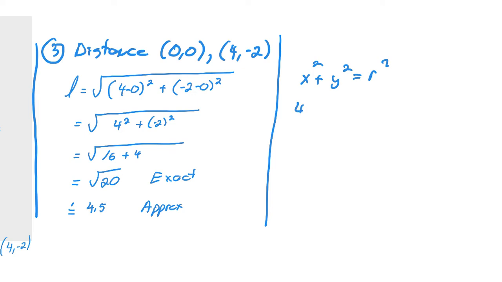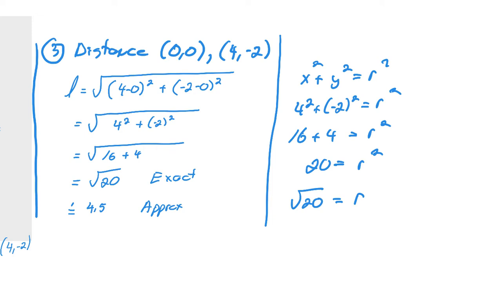So then it would be 4 squared plus -2 squared equals r squared. 16 plus 4 equals r squared. 20 equals r squared. The actual radius or the distance in this case would be the square root of 20, and the approximate radius would be 4.5.